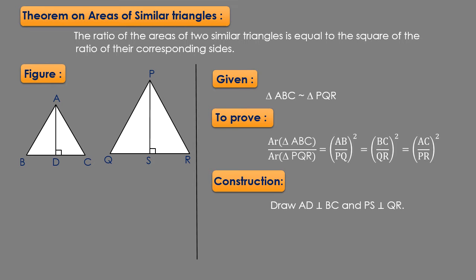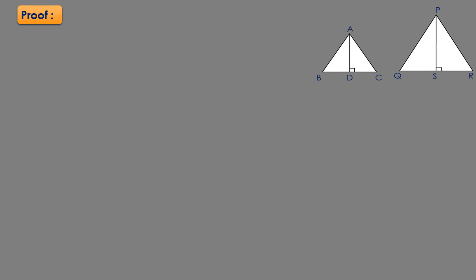Now we will see the proof of this theorem. Now let us see the proof of the theorem on areas of the similar triangles. Consider the figure first, which we have already drawn, and we have given that triangle ABC is similar to triangle PQR.